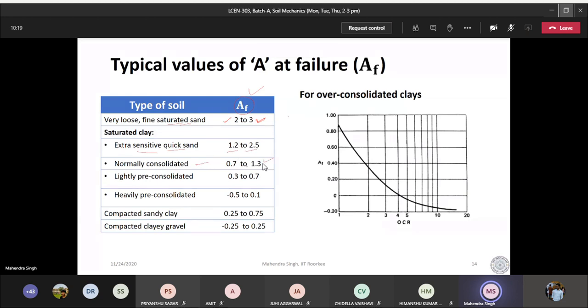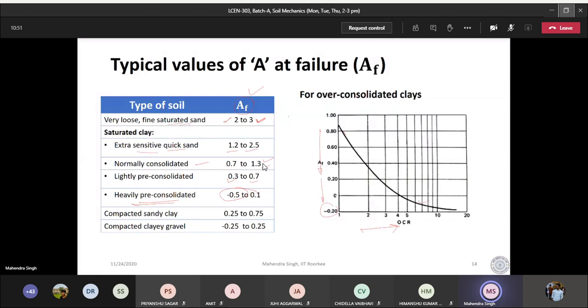Normally consolidated, it is 0.7 to 1.3. I'm not expecting you to remember, but if it is very heavily pre-consolidated, then it goes to the negative range. If you look at this diagram here, as the over consolidation ratio increases, the value of A goes on decreasing, so it can become negative also. So over consolidated clays become negative.